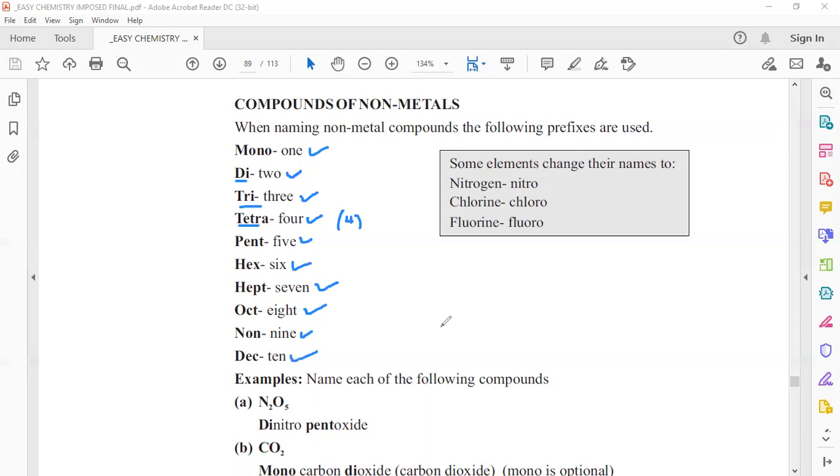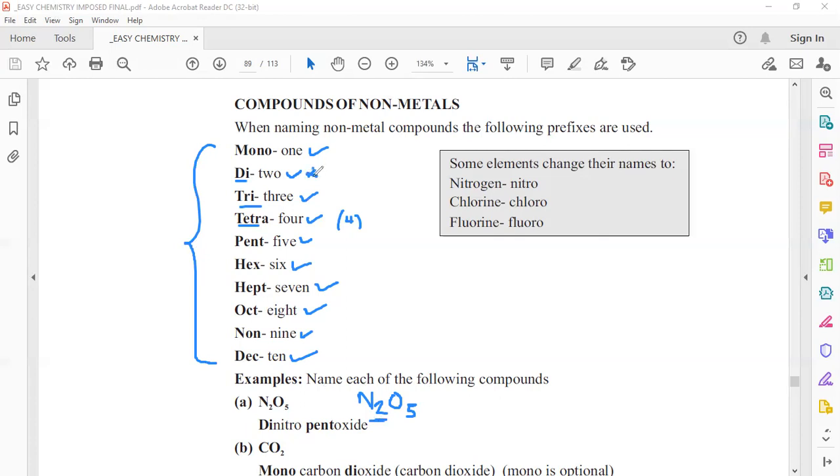I'm going to give an example of a compound that is N2O5. So that is nitrogen 2, oxygen 5. We can name this compound using these prefixes. We said a 2 in chemistry means a di.